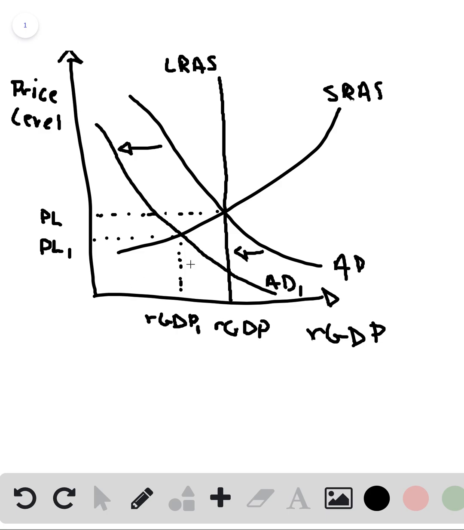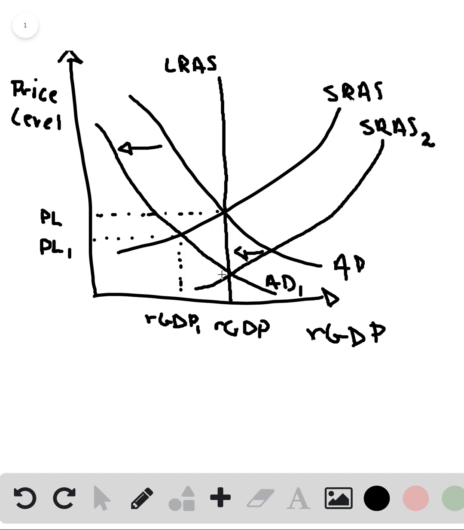So a natural return would be a rightward shift of that SRAS curve, or short run aggregate supply curve, which we're going to label as SRAS. I'm going to give it subscript 2, just so we don't mix up with these subscript 1s.